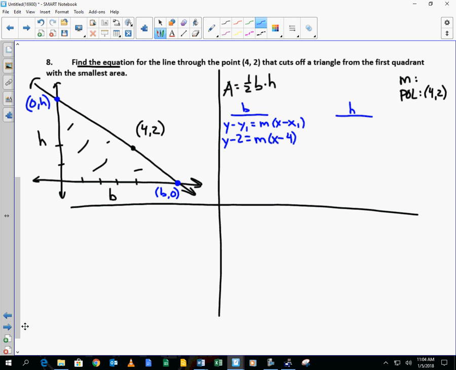Now, if I want to write an expression for b, what could I plug in for y and for x? B0. I'd plug in b for x and 0 for y. And so if I did that, I would get negative 2 equals m times b minus 4.